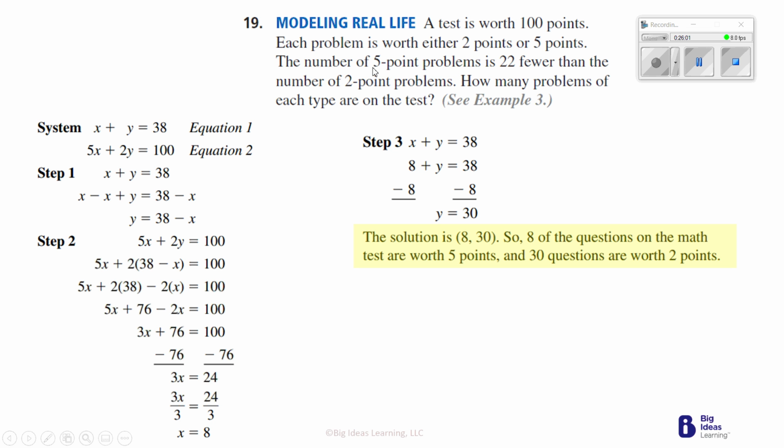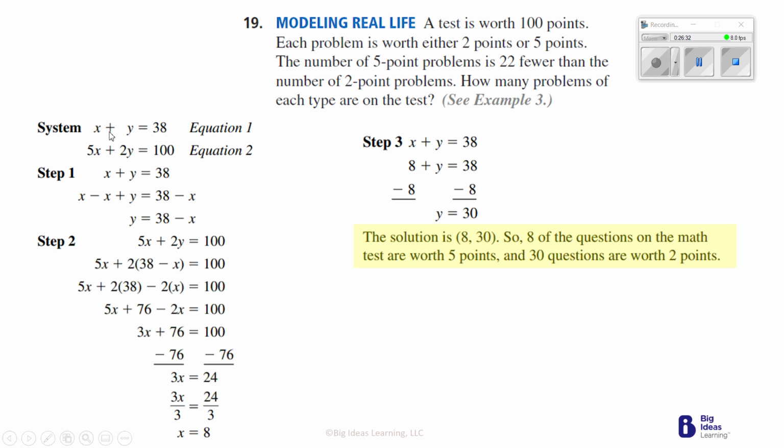And let's look at how they got that. They said the number of 5-point problems is 22 fewer than the number of 2-point problems.